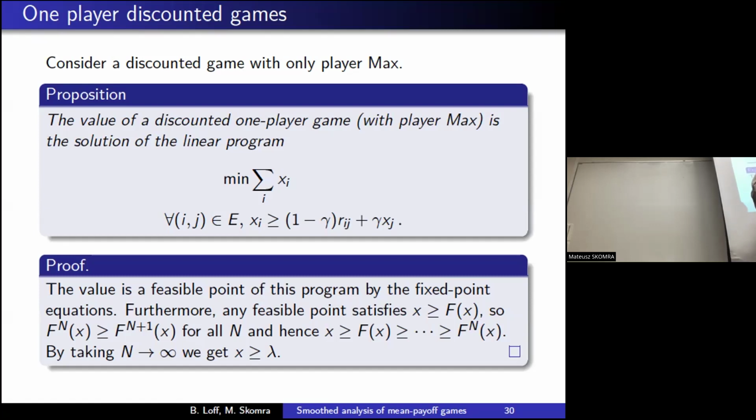So we get x greater than f, greater than f squared, greater than and so on, greater than f to the n. But f to the n is a contraction that goes to the value. So any point that is inside this polyhedron satisfies this inequality: every coordinate is higher than the value. So if you minimize the sum of coordinates, you will get the value.